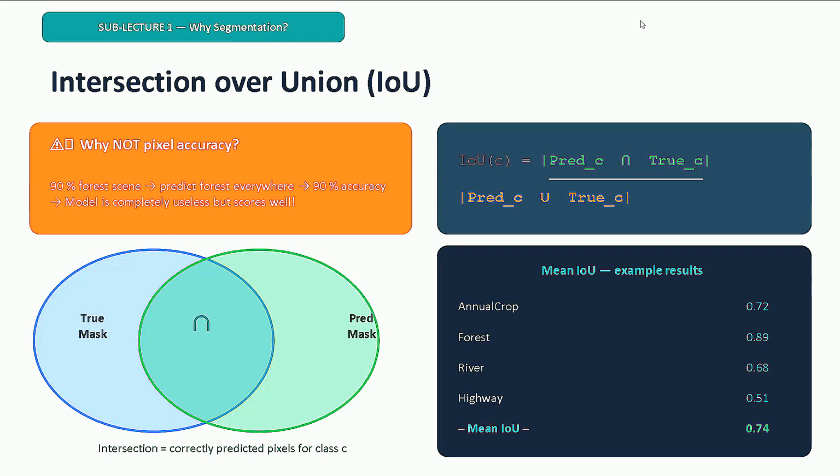An IoU of 1 means a perfect prediction, while an IoU of 0 means there is no overlap at all. We calculate IoU for each class separately and then average the results. This gives us mean intersection over union. Throughout this course, it will be our primary metric for evaluating segmentation performance because it measures how well the predicted regions match the ground truth regions for each class.